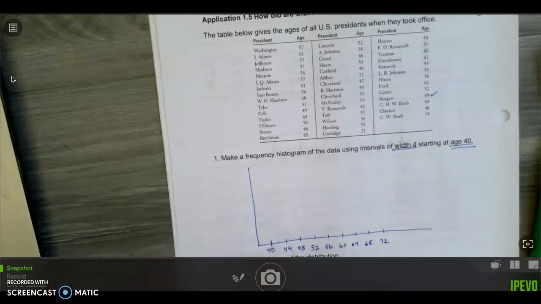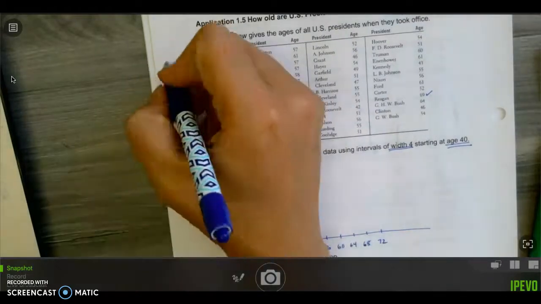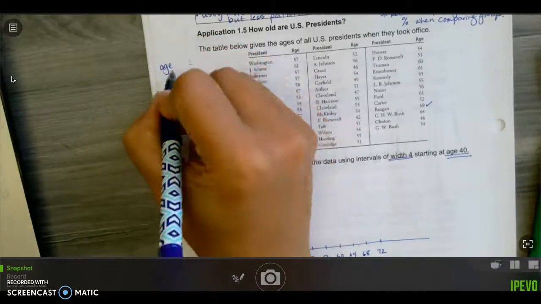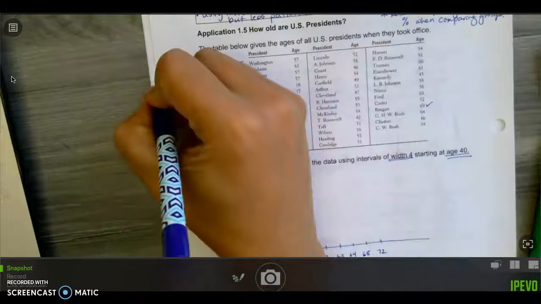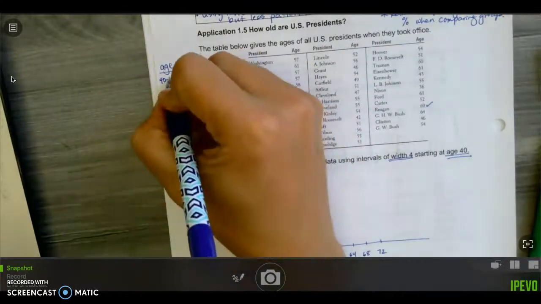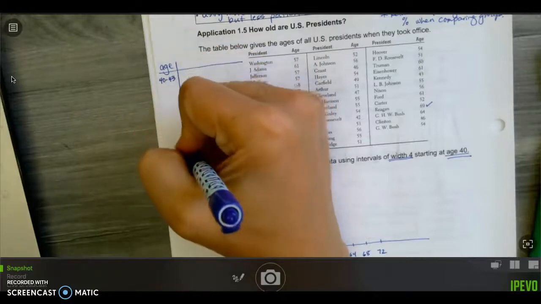So now I have an interval from 40 to less than 44. Okay, so I'm going to create a frequency table, and so I have 40 to less than 44, which is going to be 43 when we're talking about age.